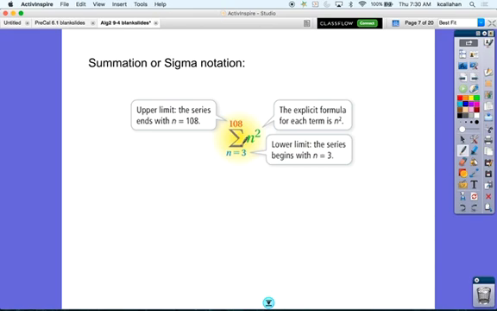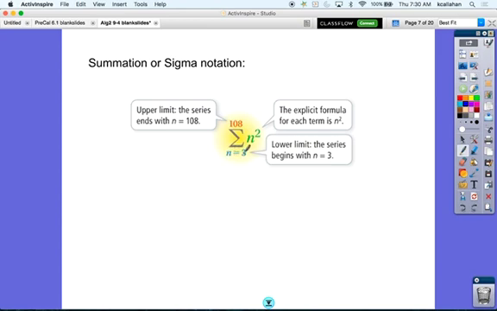Okay, and you can notice that there's a bunch of parts to this. Always on the bottom, you're going to have whatever your variable is, and it's usually n, but it's not always n. Sometimes it's i, sometimes it's k, sometimes it's j. It can be anything, but usually it's n.